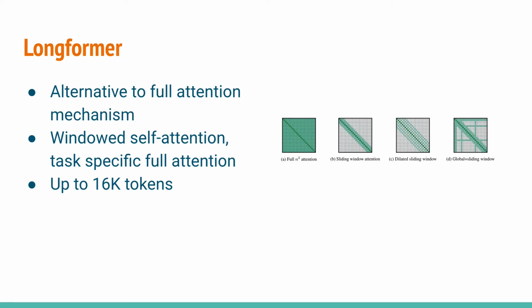This consists of a windowed self-attention where not all tokens attend to every other token, and also a task-specific full attention. This model can handle up to 16,000 tokens.